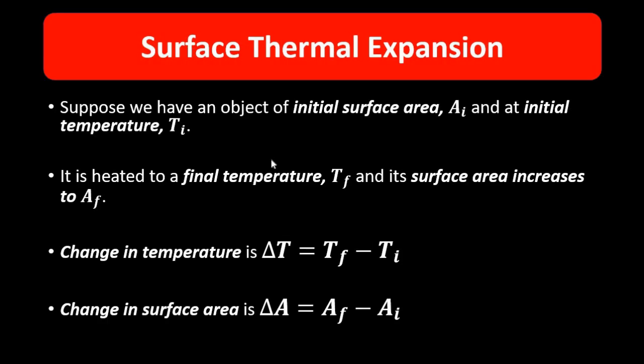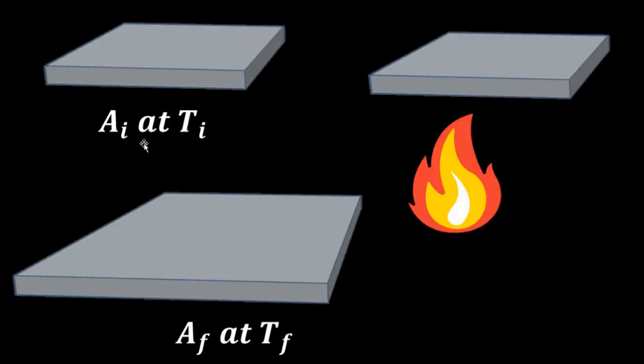Then we have surface thermal expansion. Surface thermal expansion is increase in surface area. Let us say we have an object of initial surface area Ai at initial temperature Ti. Then it is subjected to heat so that the temperature increases from Ti to Tf.